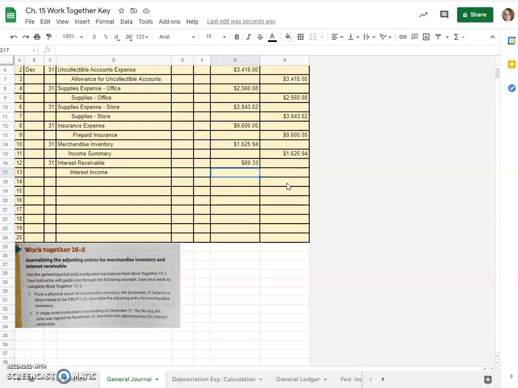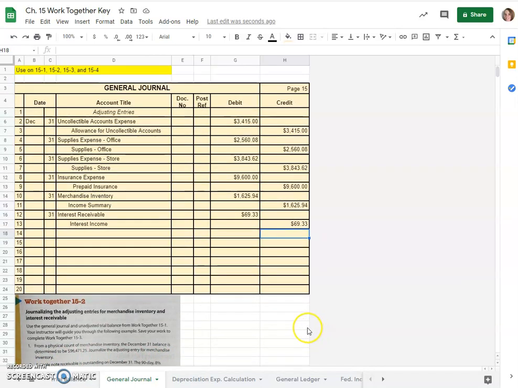Hit enter. We get $69.33. So we'll just enter that amount down in the credit too, and we have now journalized our adjusting entry for interest receivable.